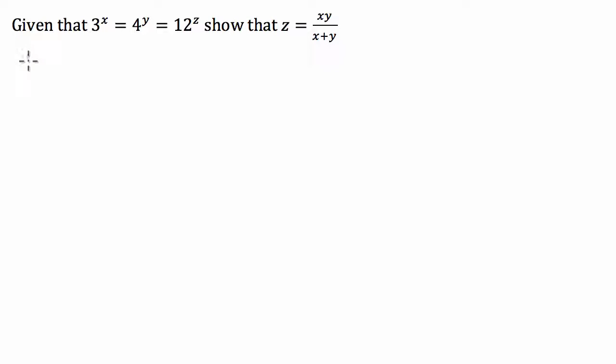So the natural log of 3 to the power of x has to be equal to the natural log of 4 to the power of y has to be equal to the natural log of 12 to the power of z.